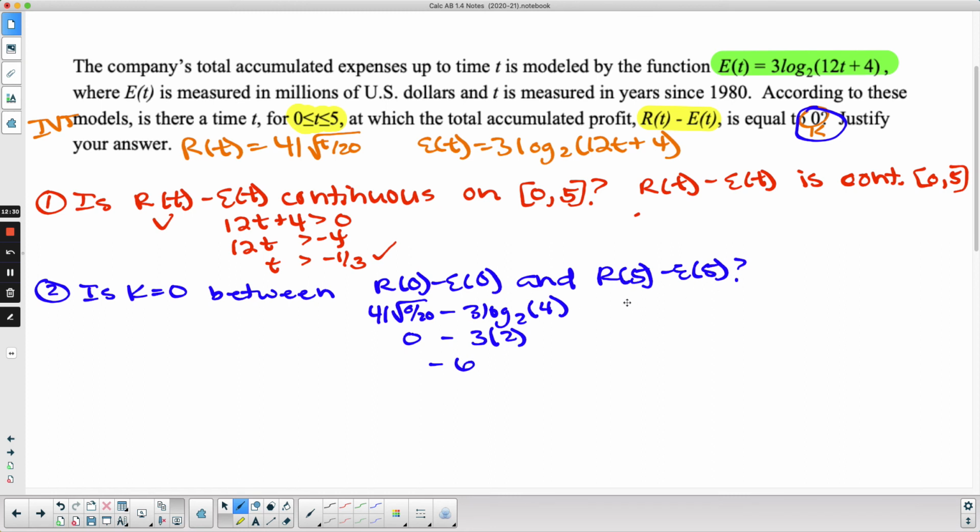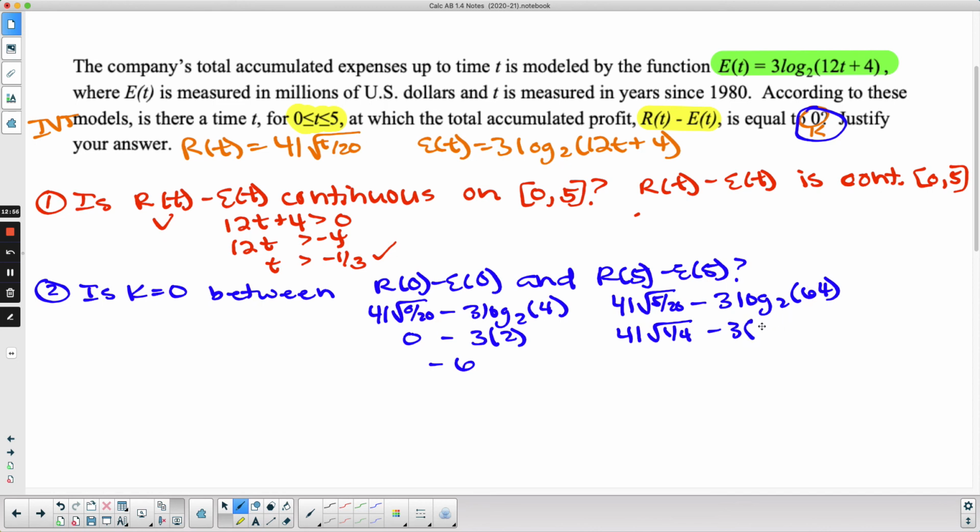R of 5 minus E of 5. So R of 5 is going to be 41 root 5 over 20 minus E of 5, which is 3 log base 2 of, I think that ends up being 64. So this is 41 root 1/4 minus 3 log base 2 of 64. 2 to what power equals 64?